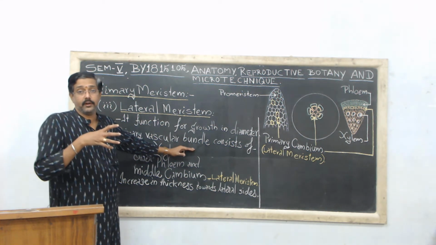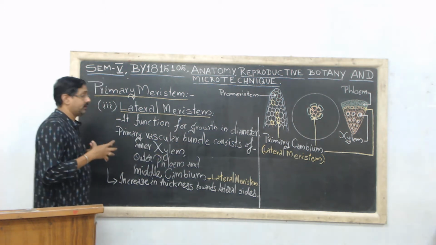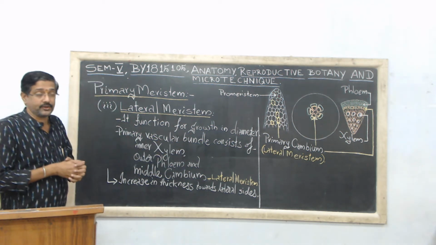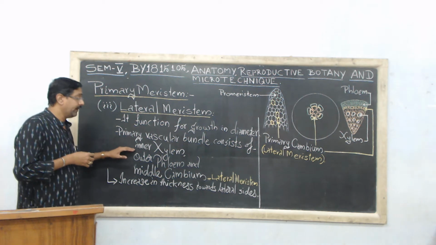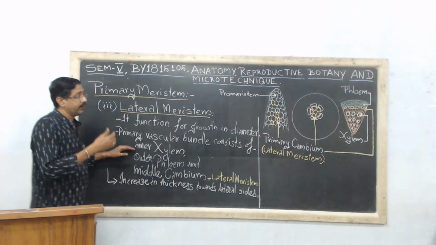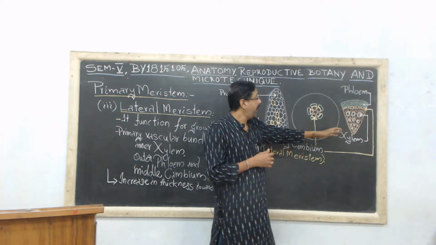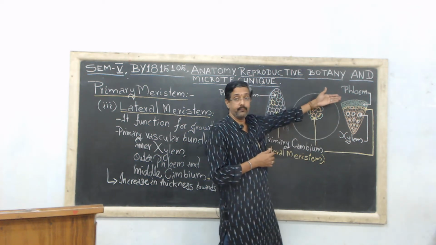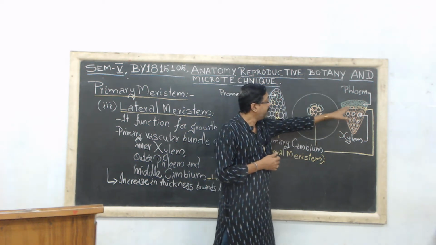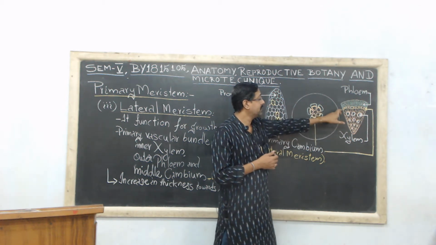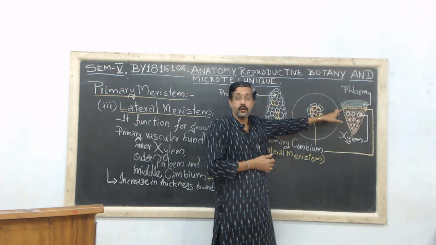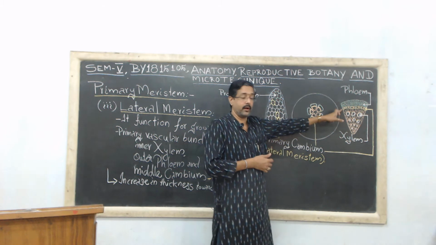What are vascular bundles? Anatomically, structurally, it shows inner xylem. Here you can see in the diagram the inner xylem and outer phloem, and in between the xylem and phloem is the cambium, which is called fascicular cambium.